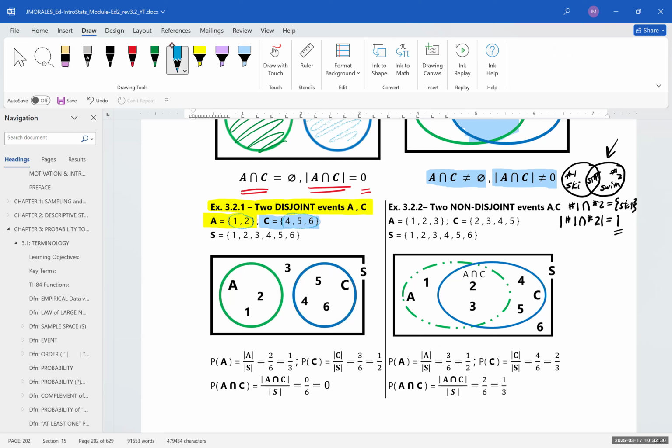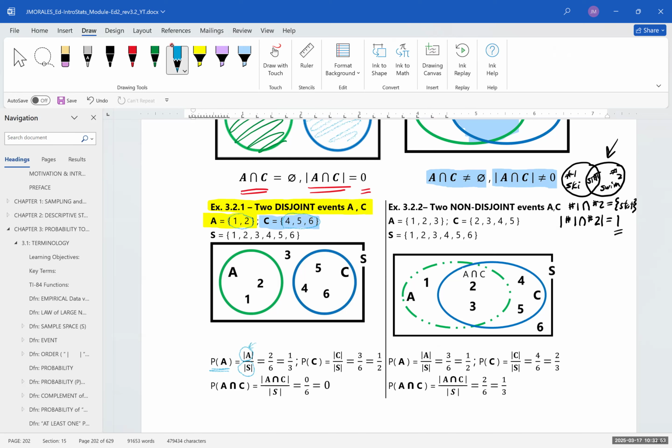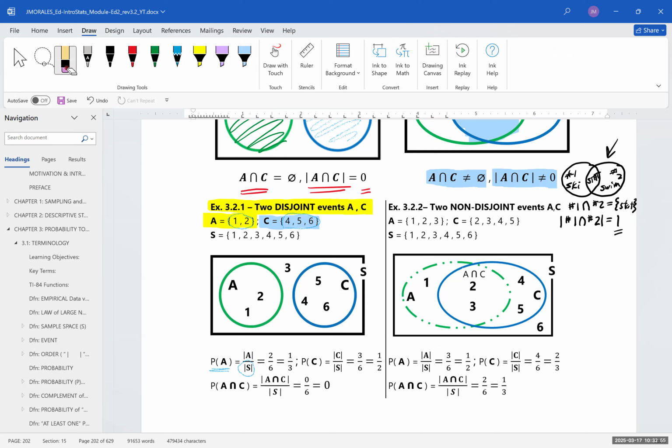All right, so if we're going to calculate the probabilities, what's the probability of event A occurring? Well, it's the equation for the probability of a single event. The order of event A divided by the order of the sample space. So the order of A means how many outcomes are in A. And we can see that the order of A is 2. There are 2 outcomes in event A: 1, 2.